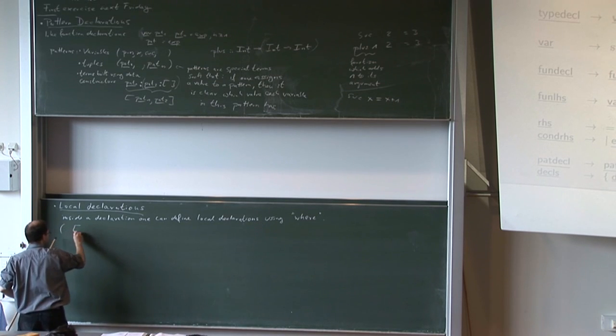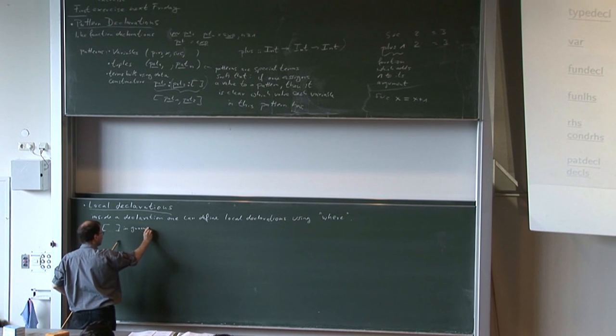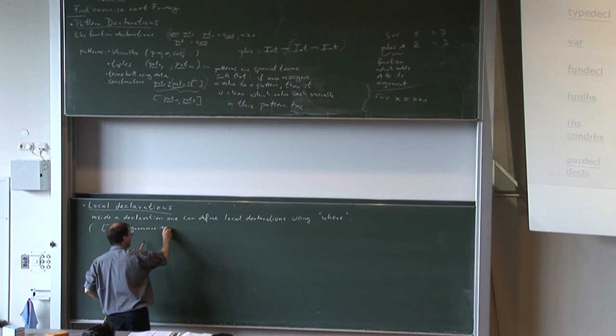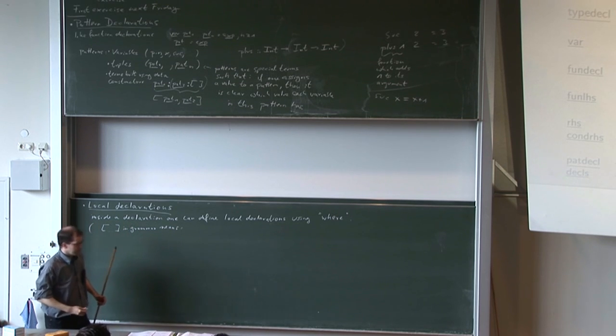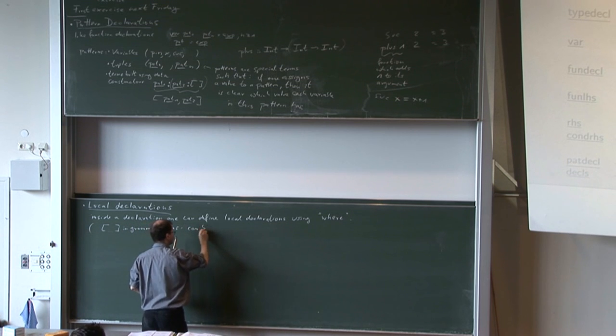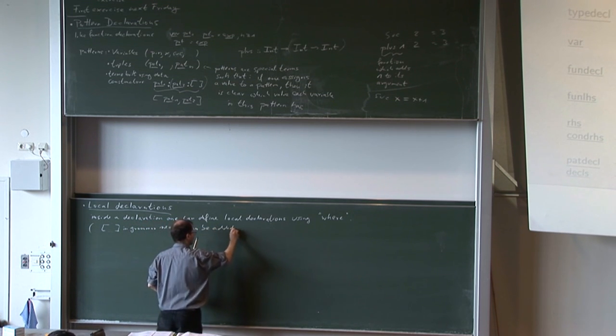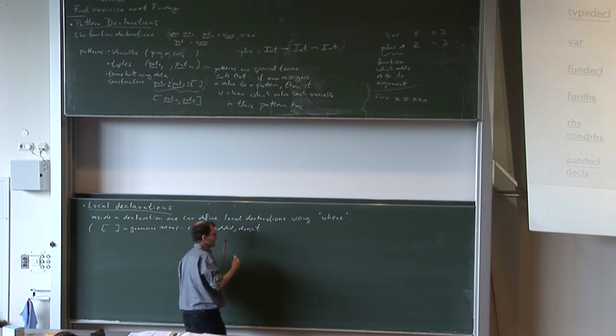So square brackets in the grammar mean this can be added, but doesn't have to be added. So everything that was legal Haskell code before is still legal Haskell code.